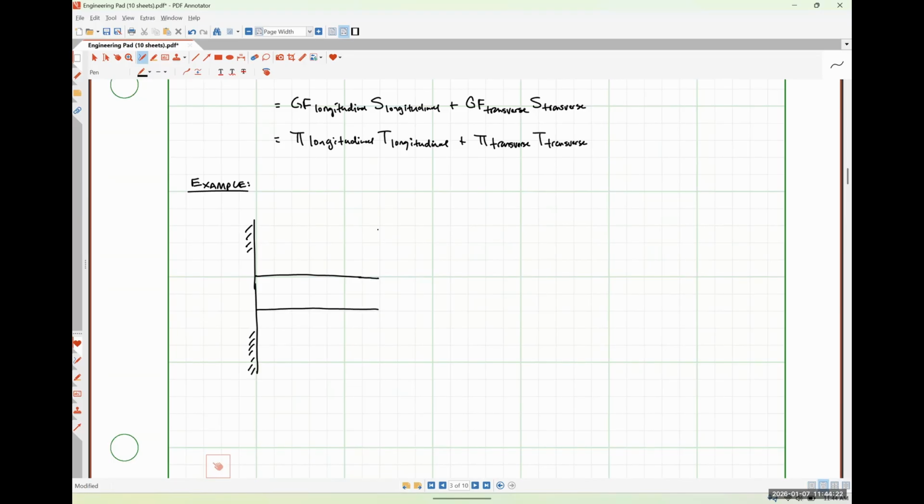And then there's going to be a proof mass attached to the end of that cantilever beam. So let's say that this length is 200 microns.